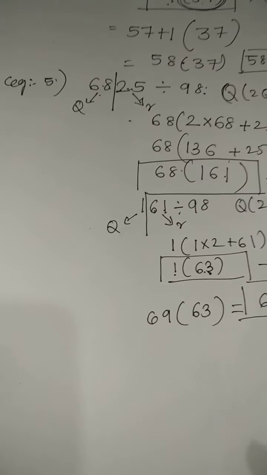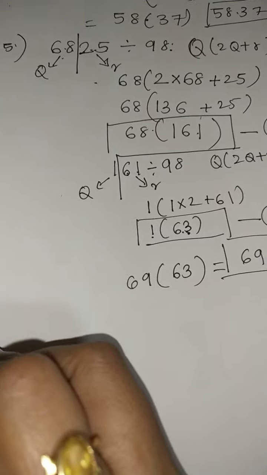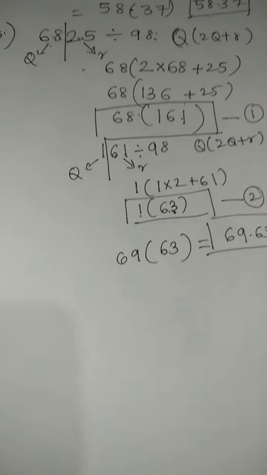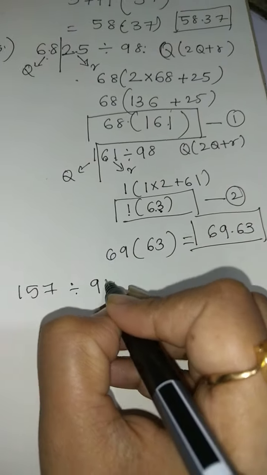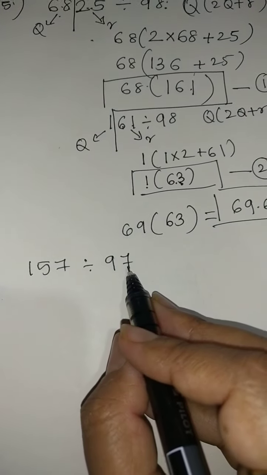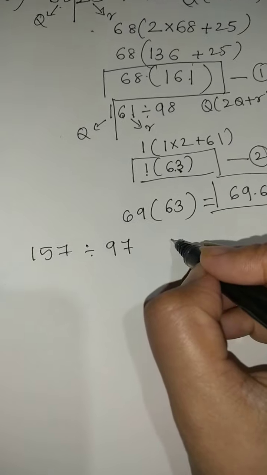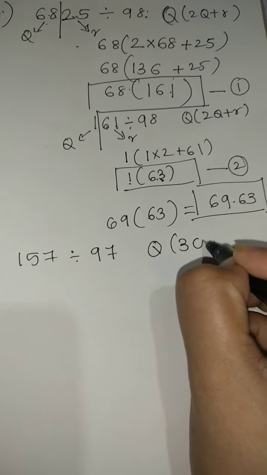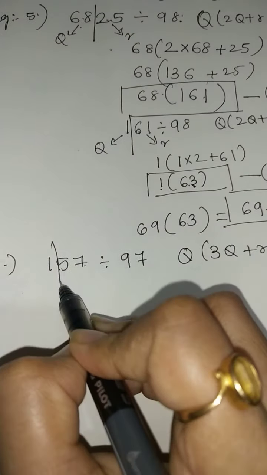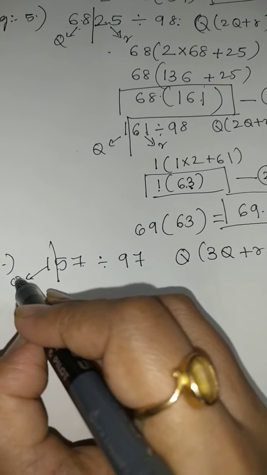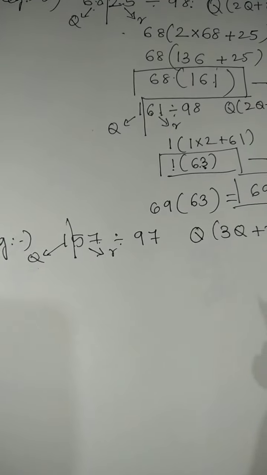Okay. Now let me solve an example with 97. First we'll take a basic 157 divided by 97. Okay. Because it is 97, I'm sure all of you know what is the formula. Q 3q plus small r. Now I'll divide unit tens and 100. This is my q, this is my small r, right?